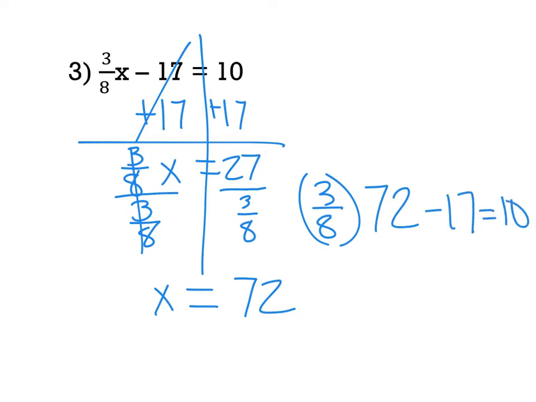That should equal 10. So that canceled out to 9. 9 times 3 is 27 minus 17. So again, that did check out.